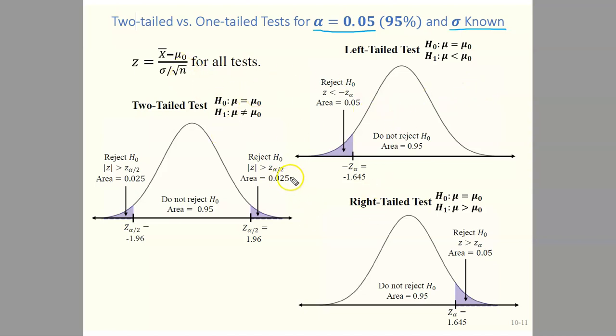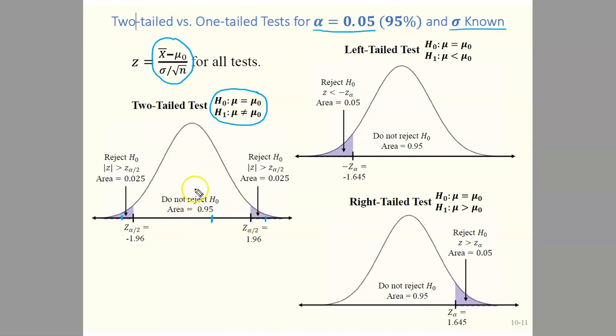Now, when you do these tests, for each one of them you calculate your test statistic right here, and for a two-tailed test you set up your hypothesis test like this, and if your test statistic falls in one of the two tails right here, then you reject the null hypothesis and you state that the data supports the claim that the mean is actually different from mu naught. Otherwise, if your test statistic falls in this region, in here, then you fail to reject the null hypothesis.